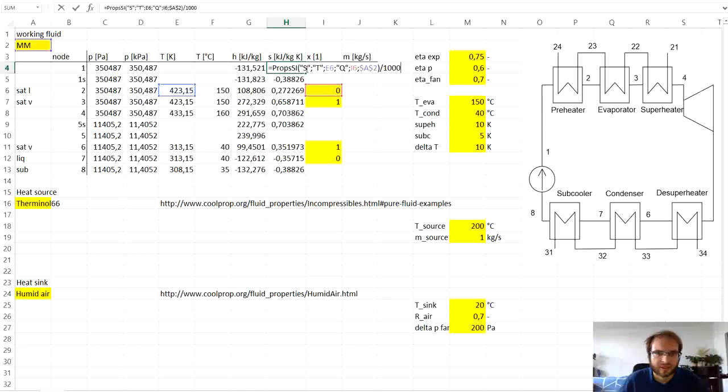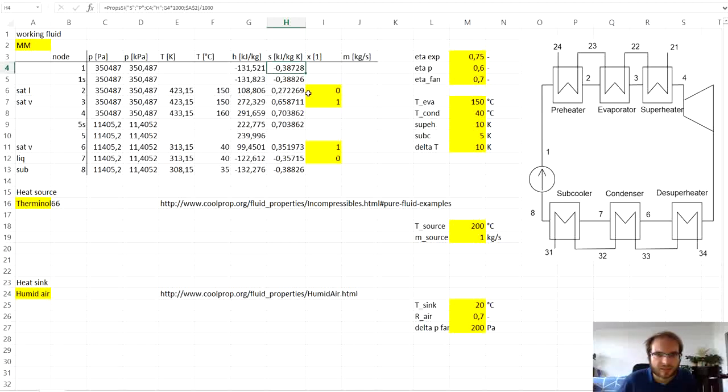And now we want entropy as a function of first pressure, where the pressure is over here, and the second parameter will be the enthalpy, and the enthalpy is in here, but again we need to multiply it by 1000 to get the enthalpy in basic SI units, and at the end we have the value of entropy divided by 1000, so that we get the value nicely in kilojoules per kilogram Kelvin.